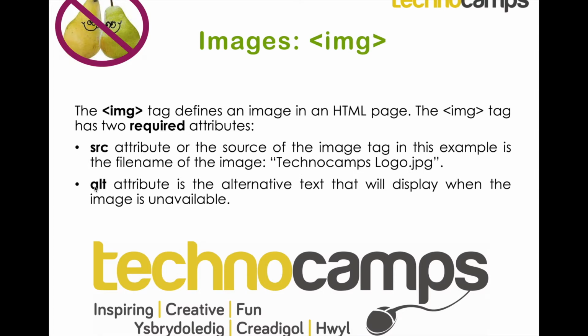And the other attribute is alt, which stands for alternative text. This attribute is used when the image is not available, and instead it displays text. So this is often used when websites are taking a long time to load images, so you see the text come up saying error, no images found, or it could say image loading, things like that.